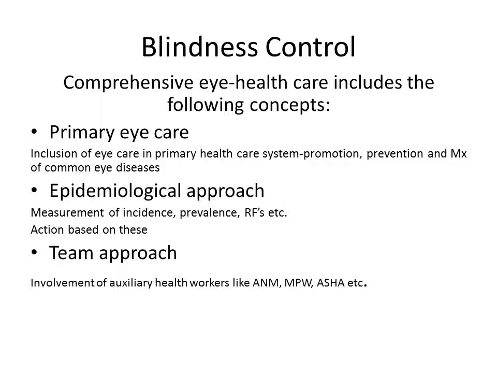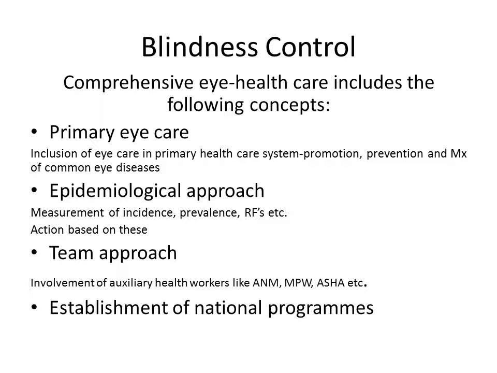And establishment of national programs, because as we discussed before, blindness is a lot of burden on the society, and hence establishment of national programs for control of blindness. Initially, our country had programs for control of trachoma, which was later merged into the national program for control of blindness.